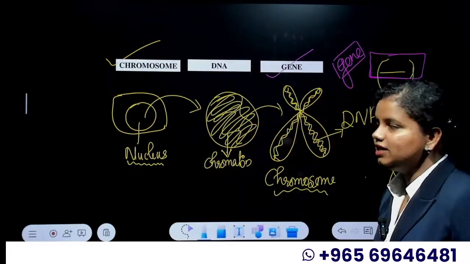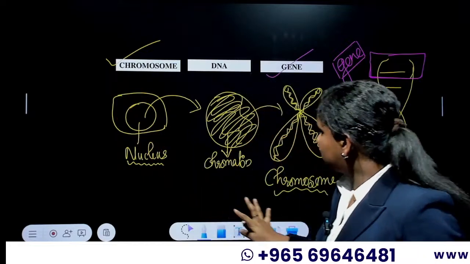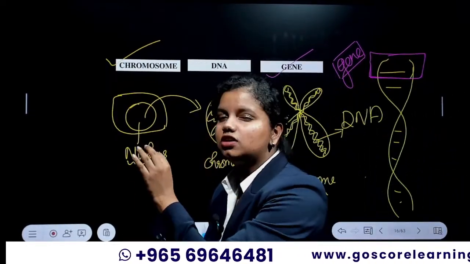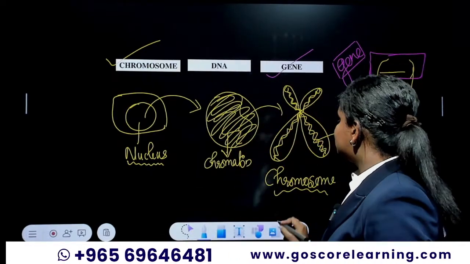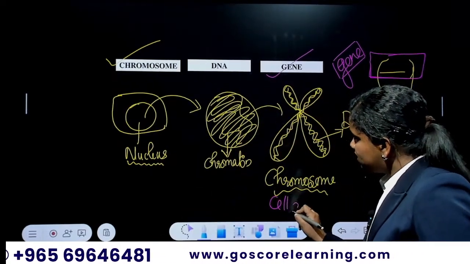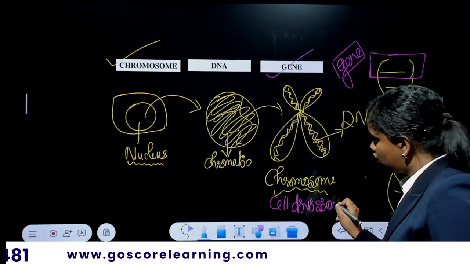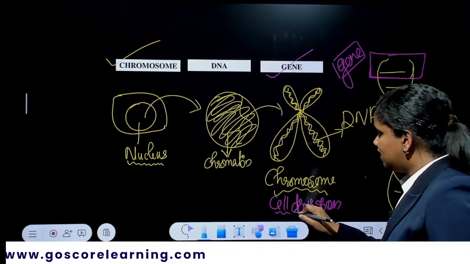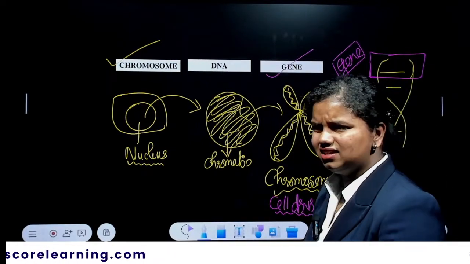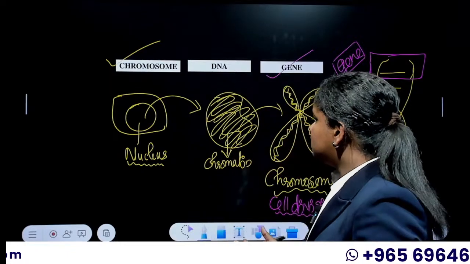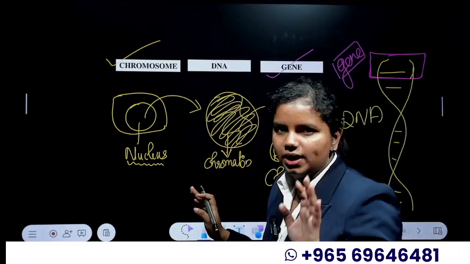Yes, keep it in mind. Chromosome is nothing but a condensed form of chromatin fibers, and you can see chromosomes only during cell division. When the cell is dividing, then you can see the chromosomes inside the nucleus. Other than that, if it is not the time of cell division, the only thing you can see is some sort of fibers, which are the chromatin fibers.